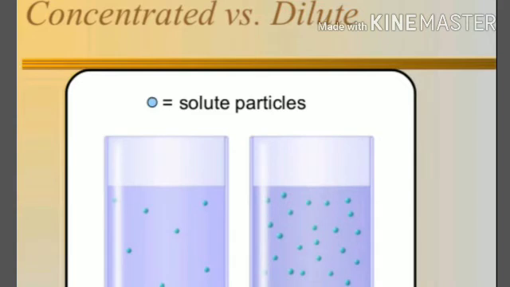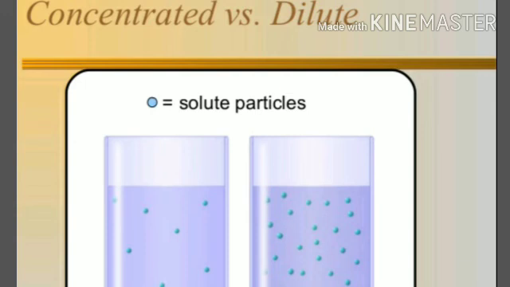If we see the arrangement of particles in concentrated and dilute solutions, then in a dilute solution the solute particles are very few, while in a concentrated solution the solute particles are more in amount. If solute particles are more in amount, it is a concentrated solution.